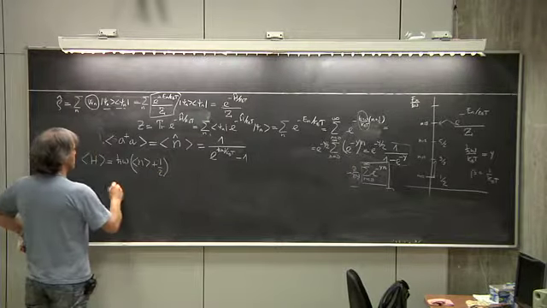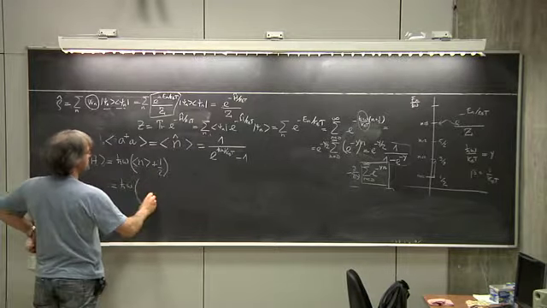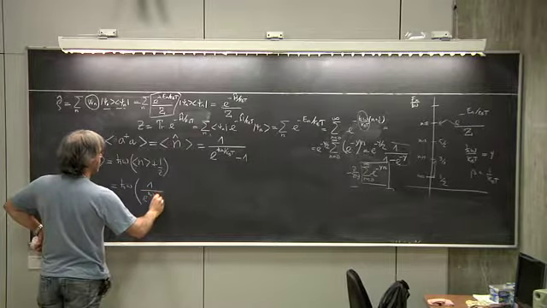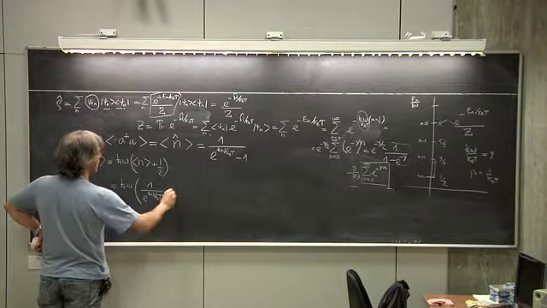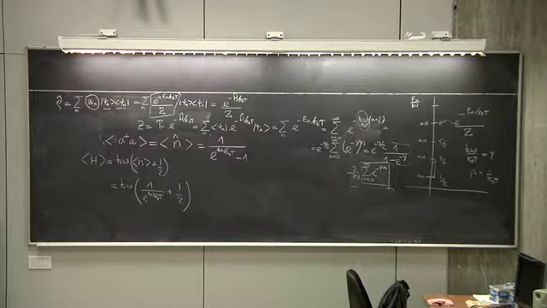So it's equal to h bar omega times 1 over e to the h bar omega over kBT minus 1, plus 1/2. This is the average energy of my oscillator.